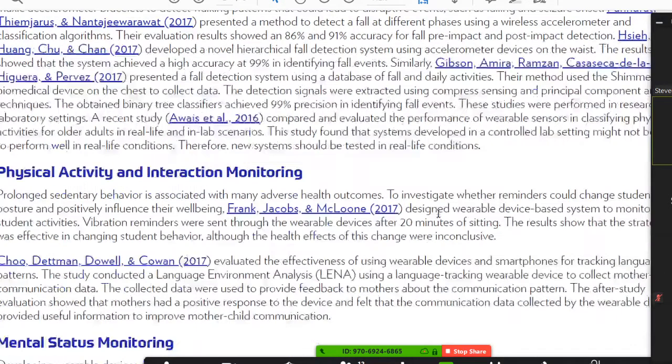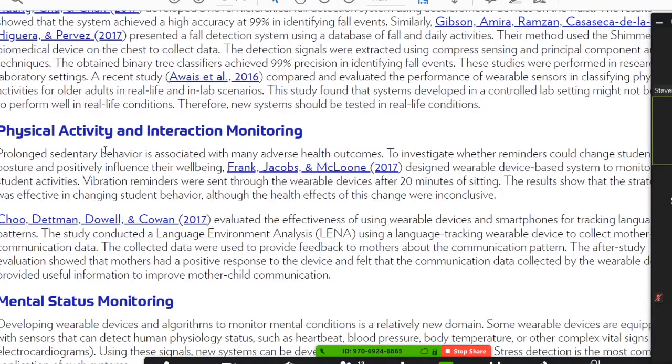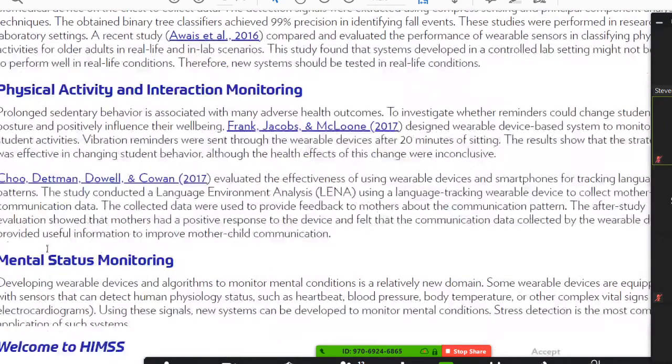So you can see this physical activity interaction monitoring and the mental status monitoring. This morning I listened to the ABC broadcast. They said that due to the coronavirus, the suicide rate is increasing.